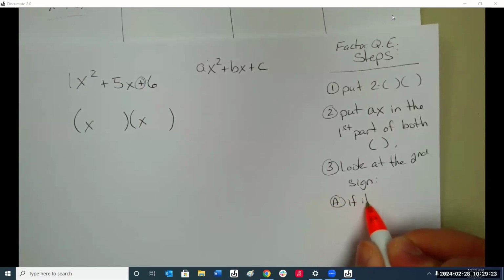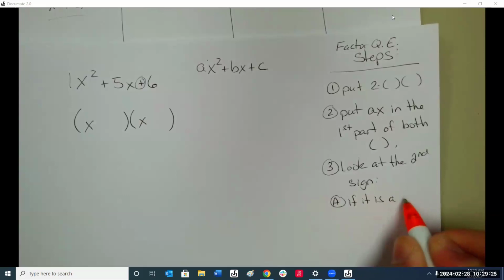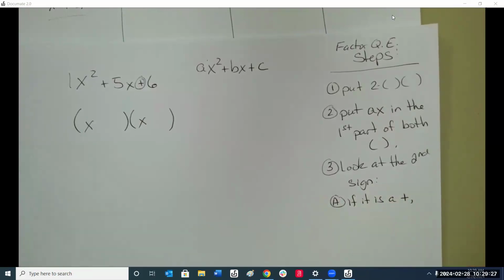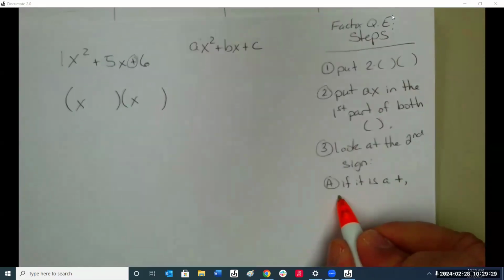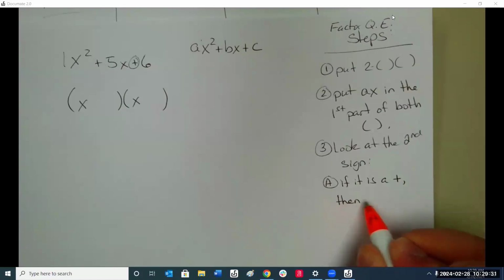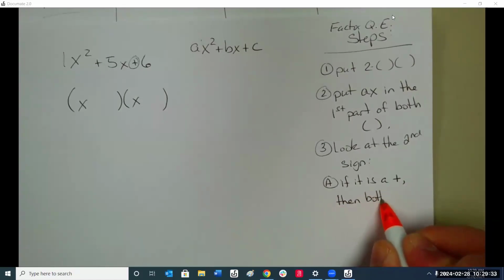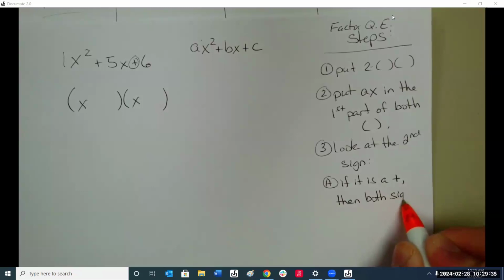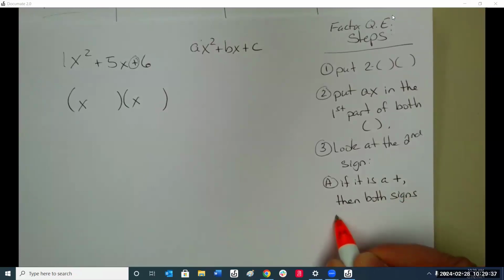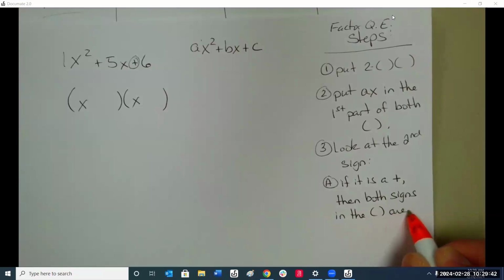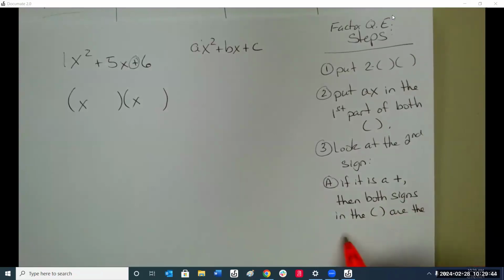If it is a plus, then both signs in the parentheses are the same.